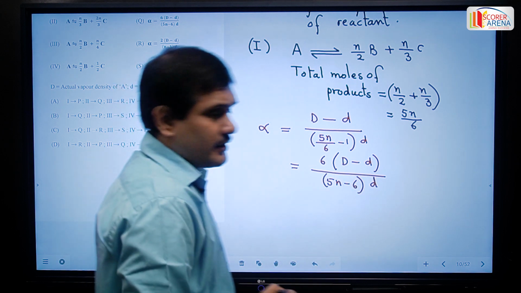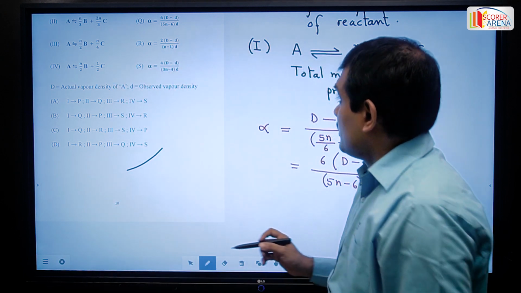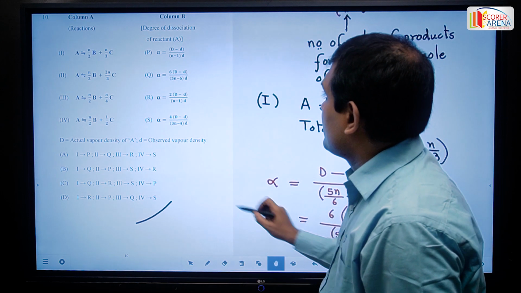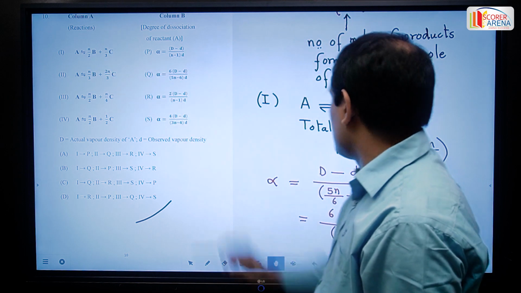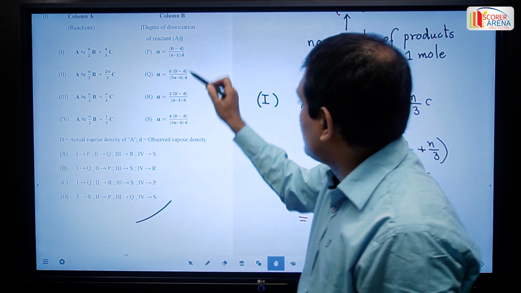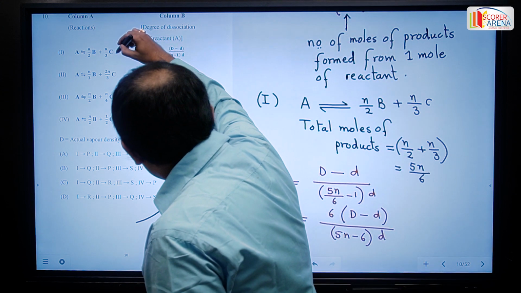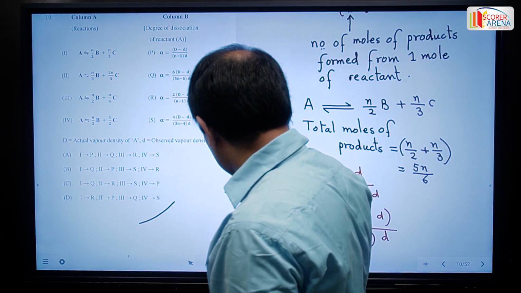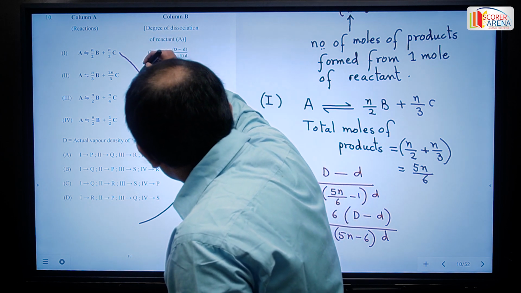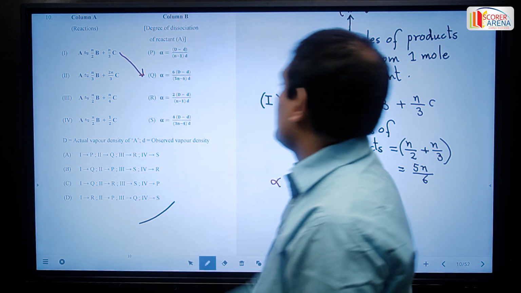Okay, so in problem 1, try to find out which one is given. 1 corresponds definitely to (5n minus 6) into d. So A1 is related to Q.